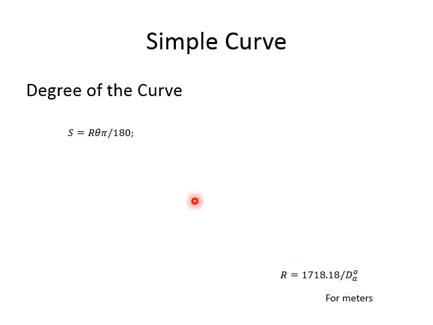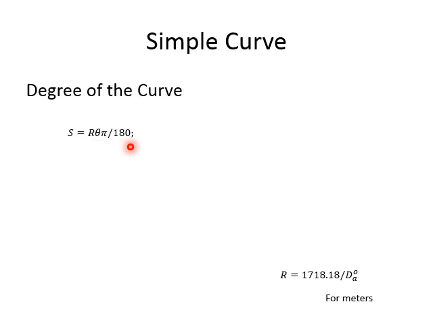How do we get the value of dA? We all know the relationship S equals R theta: length of the curve equals radius times the angle of the curve. Then we multiply theta with pi by 180 because theta is in radians and we want to convert it to degrees.